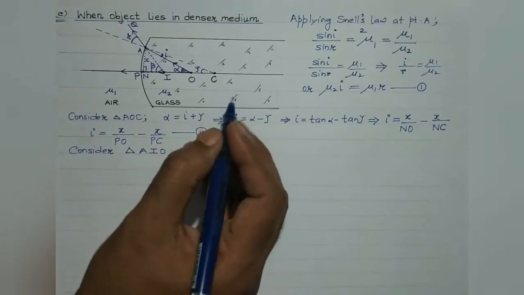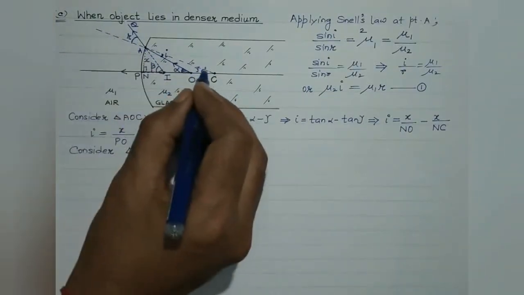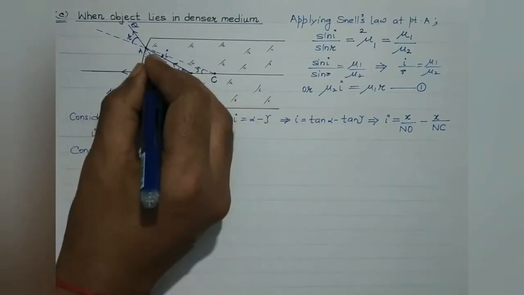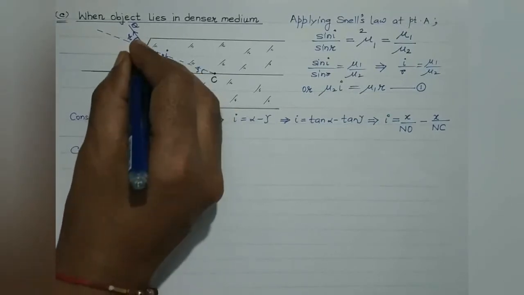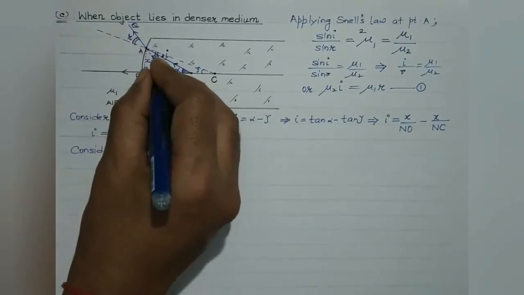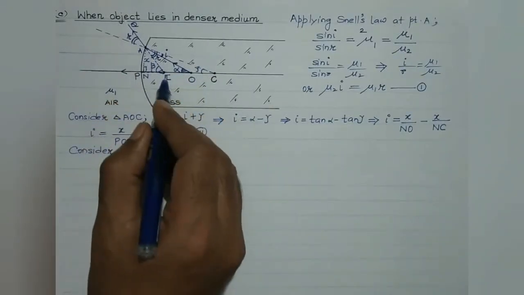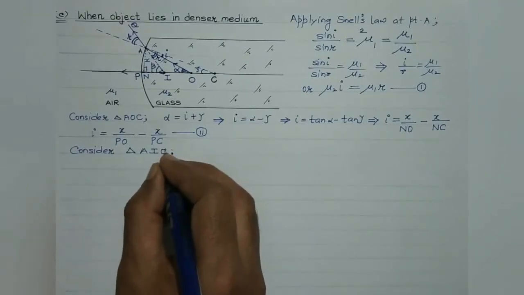Now look students, this angle and this angle, these are the vertically opposite angles, isn't it? So this entire angle would be r. So consider triangle AIC, not AIO, consider triangle AIC.